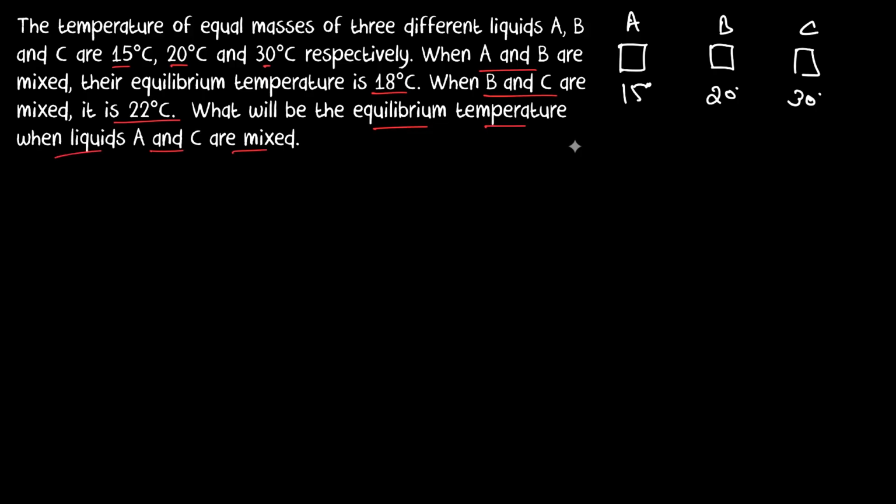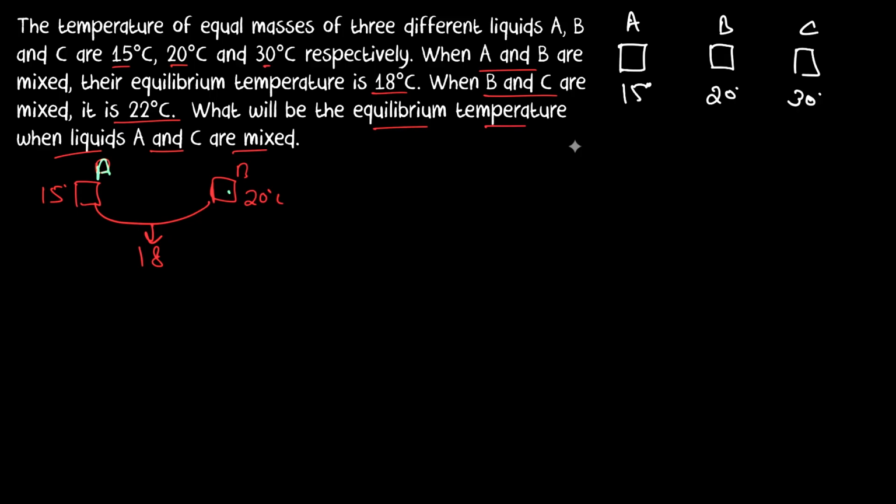So what they are saying, when A and B are mixed, the equilibrium temperature becomes 18. Means what I can write, heat given by B, heat loss by B, because B's temperature is 20 degrees Celsius and A's temperature is 15. It means B will lose heat and A will gain heat.